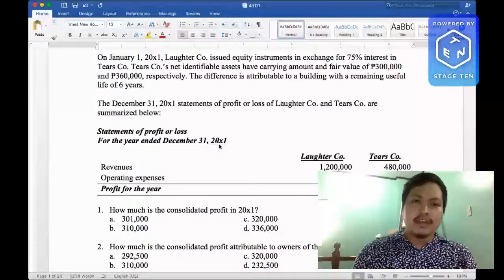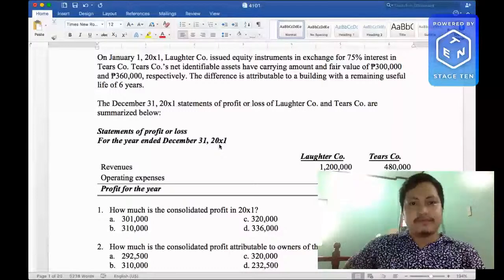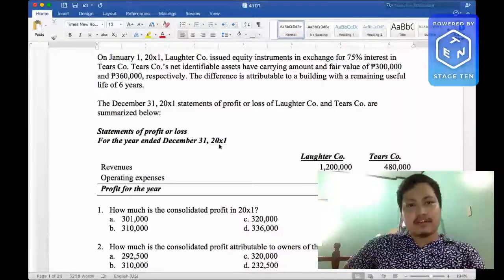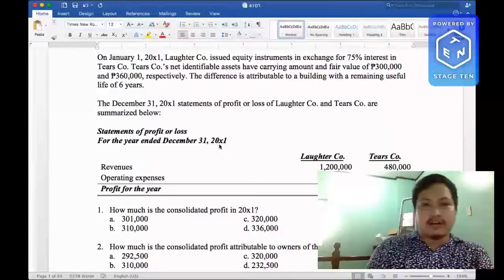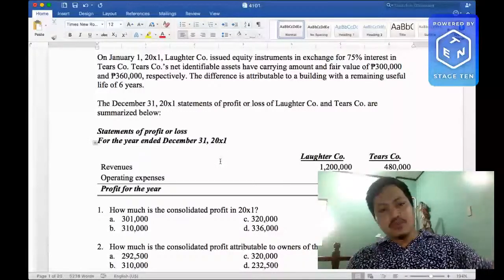The difference is attributable to a building with a remaining useful life of 6 years. The December 31, 2001 statements of profit or loss of Laughter Company and Tears Company are summarized as follows. The revenues are 1,200,000 and 480,000.